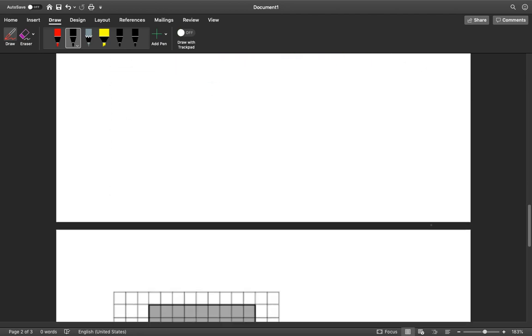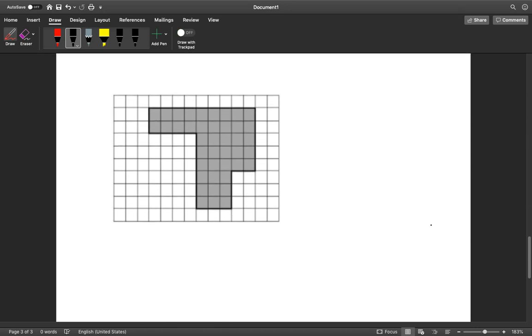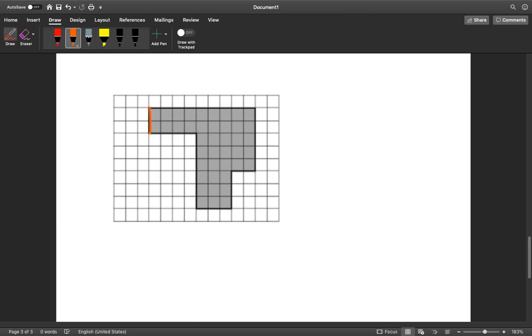So I'm going to come down here, and I have another one ready to practice. And I'm going to find 3 rectangles in this shape. So I'm going to mark 1 rectangle. And the area of this one would be 2 times 1, 2, 3, 4.